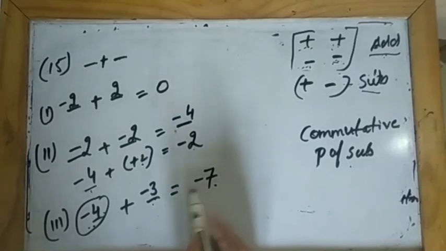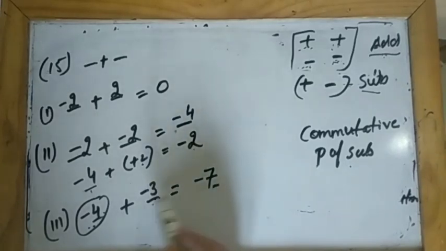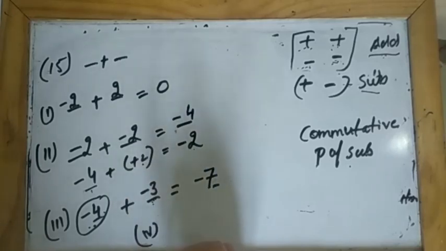Do you remember that as the negative integers increase, their value decreases? Now -7 is smaller than -3, and -7 is smaller than -4 also. So these two you can write as examples.